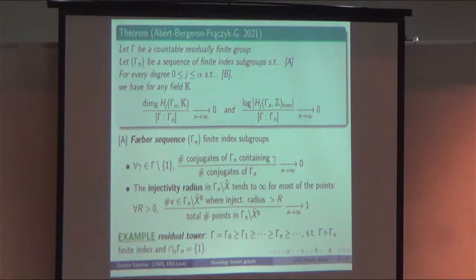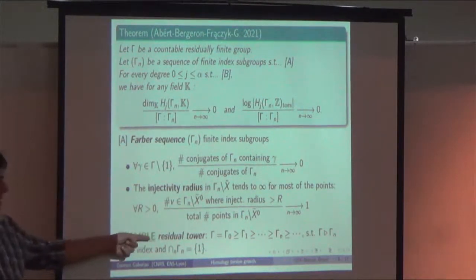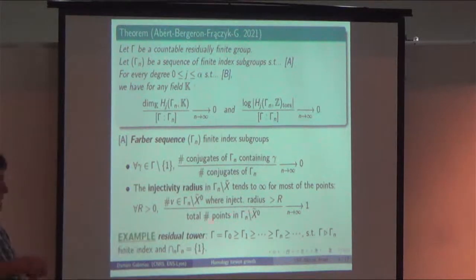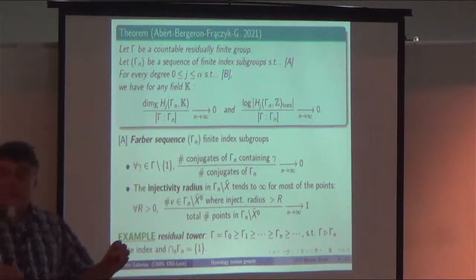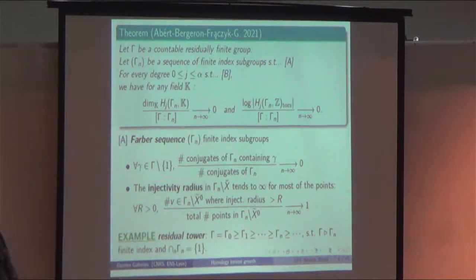Before giving you the definition of a Farber sequence, an example of Farber sequences is given by residual towers. So it's a decreasing sequence of finite index subgroups. Each of them is normal in gamma, and the intersection is trivial. Okay? So this is an example of Farber sequences.